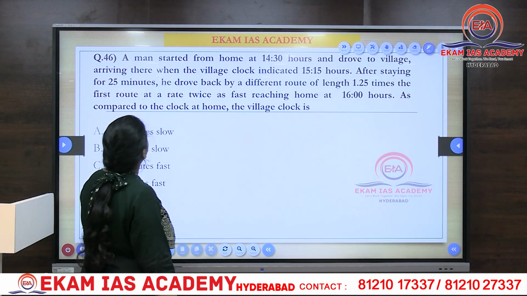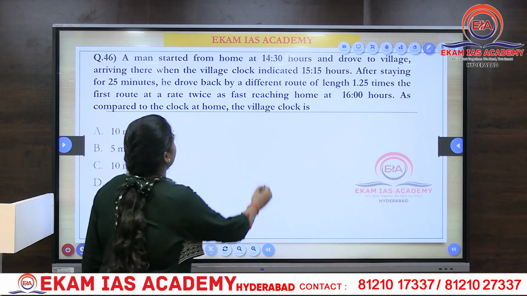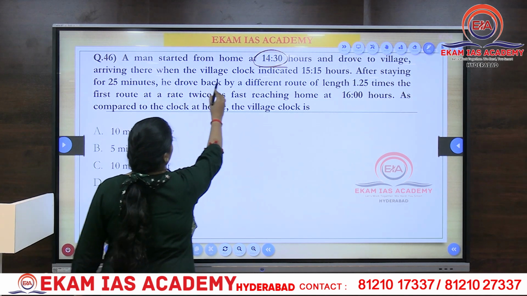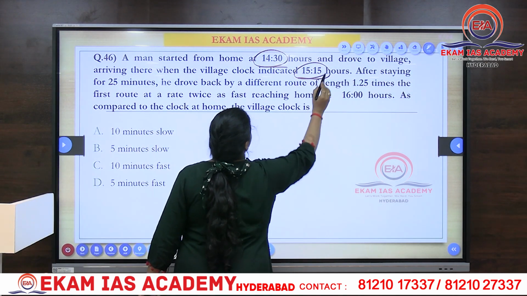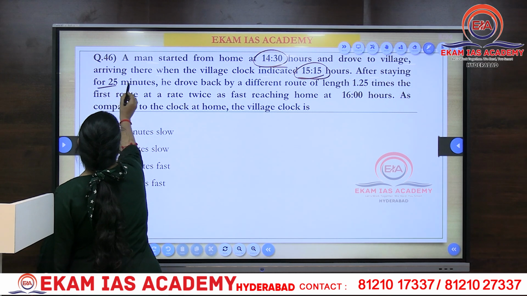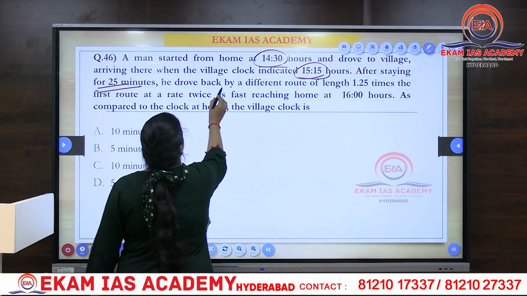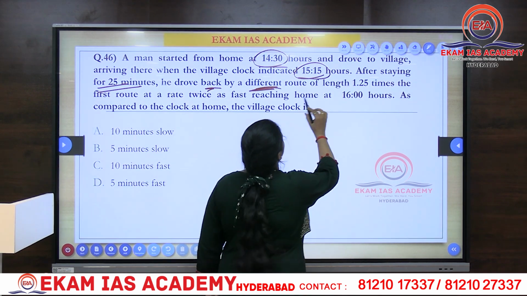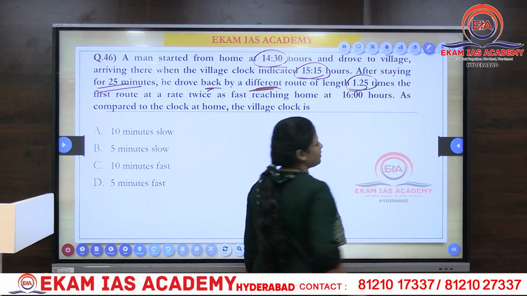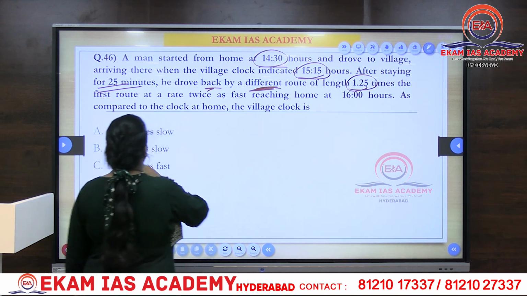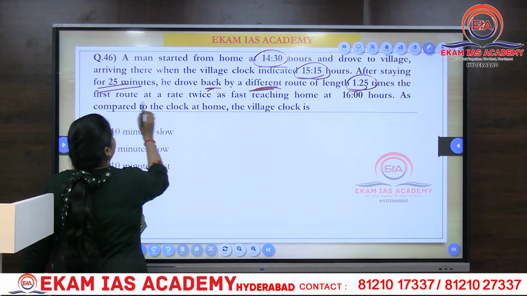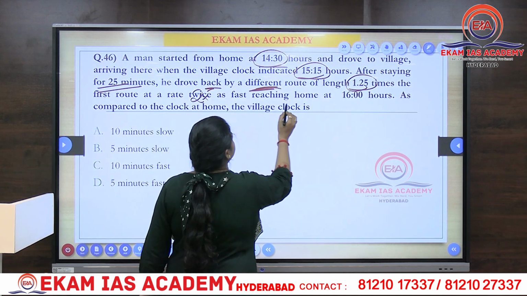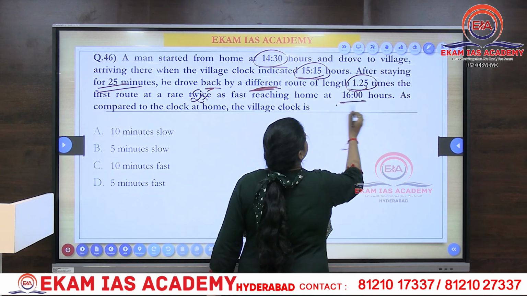Next question. A man started from home at 14:30 hours and drove to a village, arriving there when the village clock indicated 15:15 hours. After staying there for 25 minutes, he drove back by a different route, of length 1.25 times the first route, at twice the rate, reaching home at 16 hours.